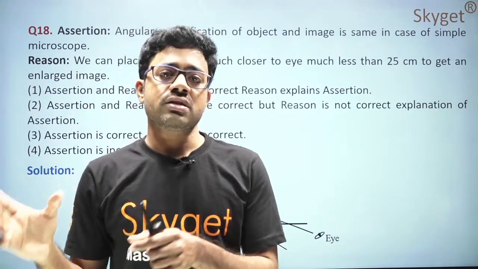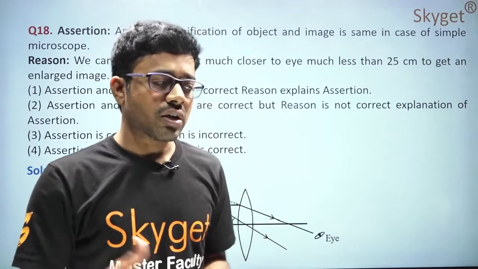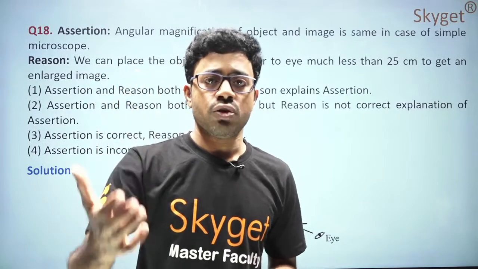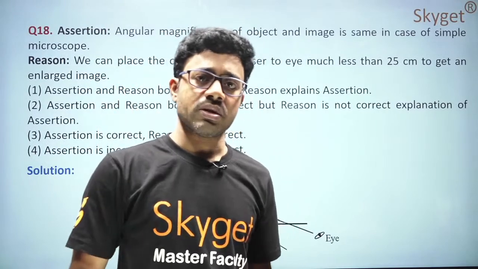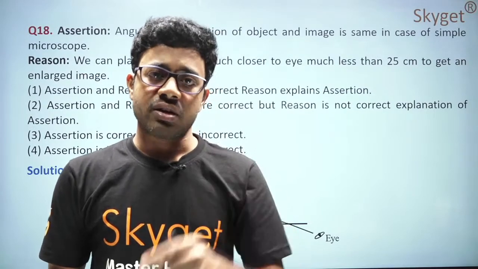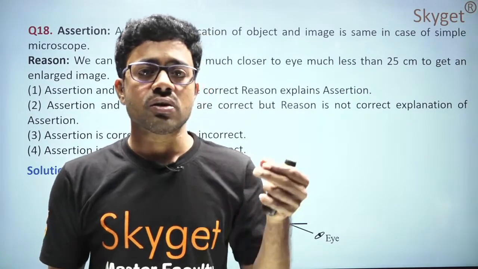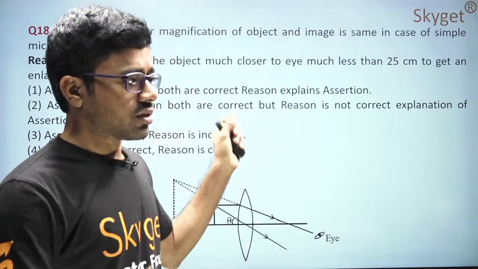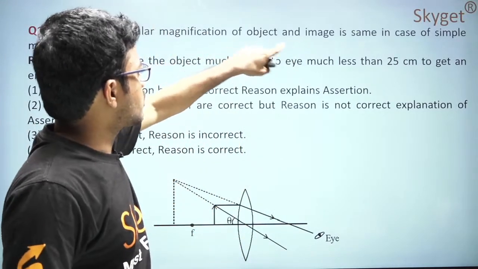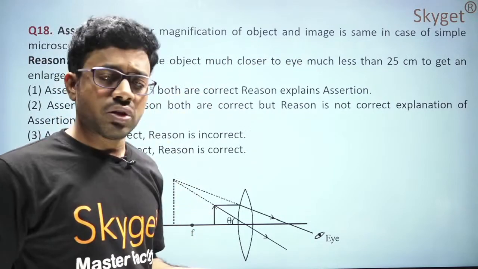So you can actually see the object clearly, because as you know the least distance of vision for the human eye is 25 centimeters. So obviously you have to see the image. The image is farther than 25 centimeters, but the object is always closer than 25 centimeters in case of a simple microscope. So the angular magnification of object and image is the same.